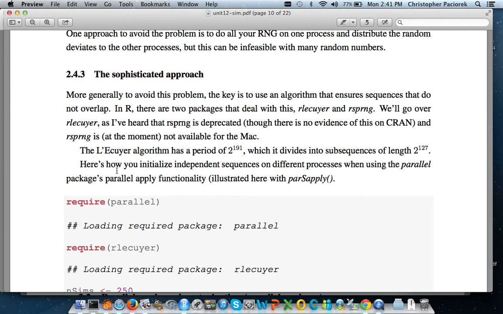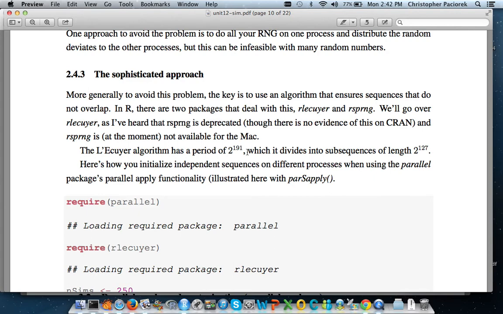Sorry, the algorithm is called L'Ecuyer after the French mathematician who came up with it, and this is the R package. Basically what it does, as I've indicated here, is it doesn't use the Mersenne Twister, it sets up a different generator where the period is 2 to the 191, and it divides it up into disjoint subsequences of length 2 to the 127.